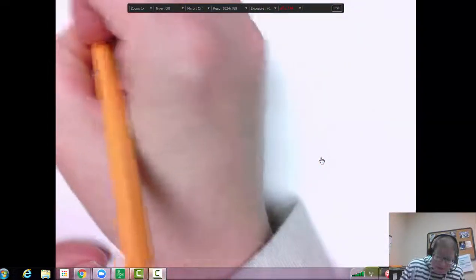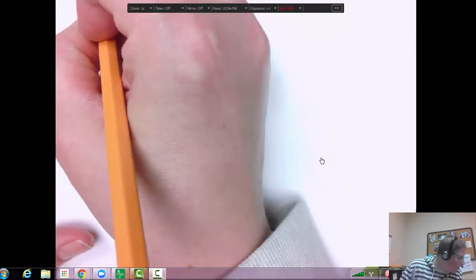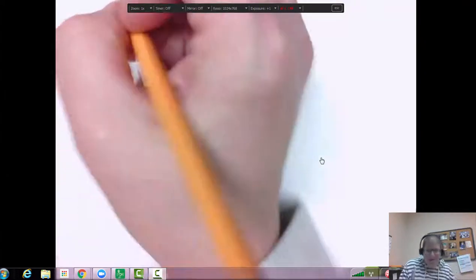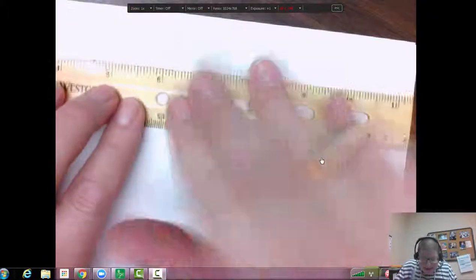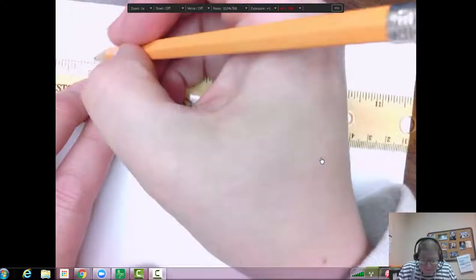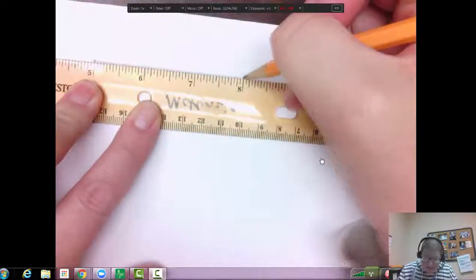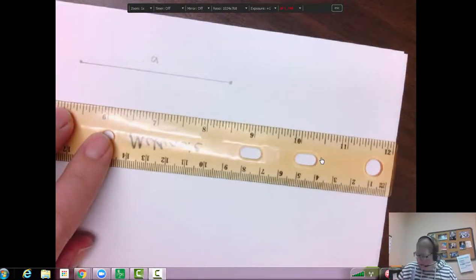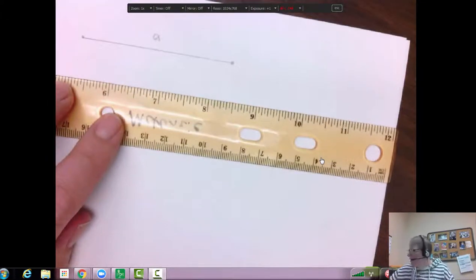Let's say I'm going to make this one side, and I'm going to call it A. This pencil's kind of yuck, so let me see if I can find a different one.